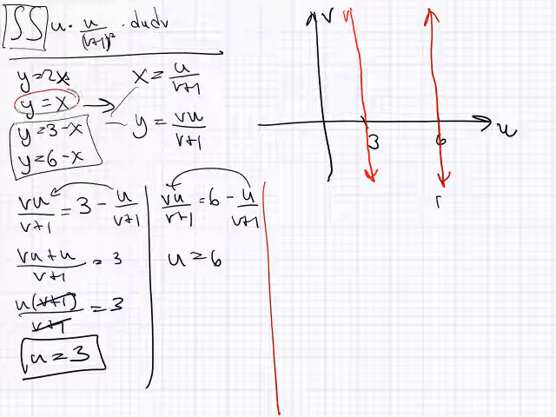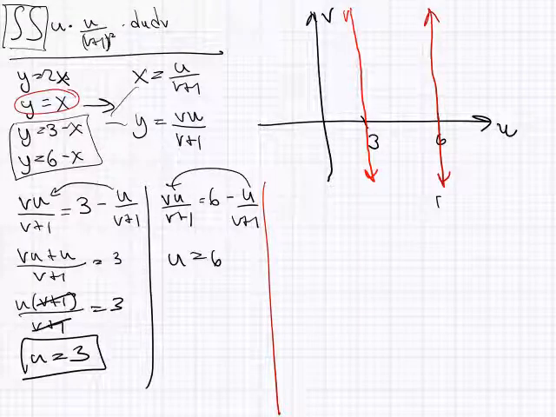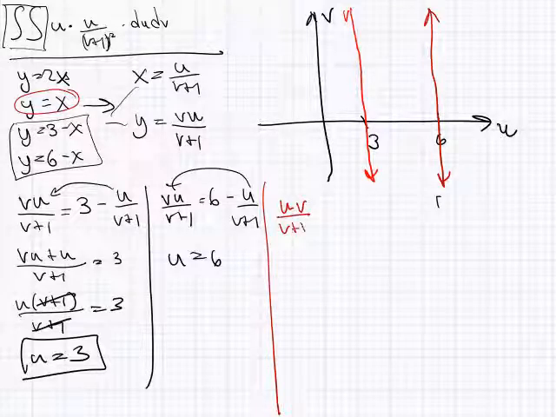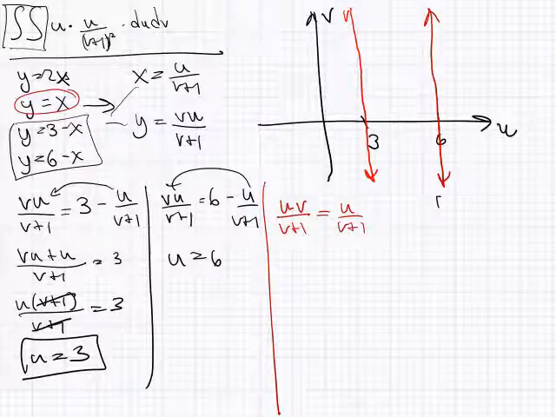Now let's work with some of these other ones. Let's look at this one, y equals x. So what do we have? We have u times v over (v plus 1) equals u over (v plus 1). I'll do a lot of the same stuff, move this over to the other side, in which case I'm going to have (uv minus u) all over (v plus 1) equals 0.